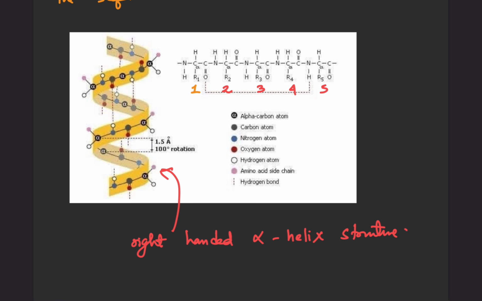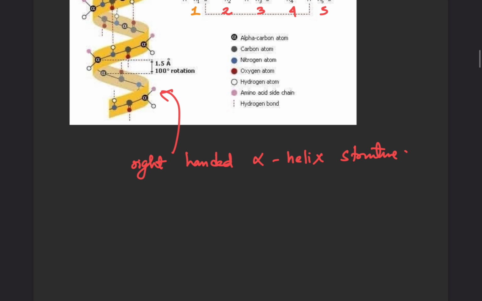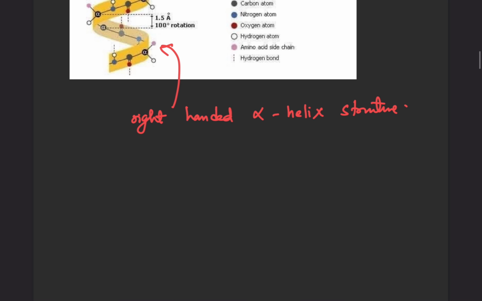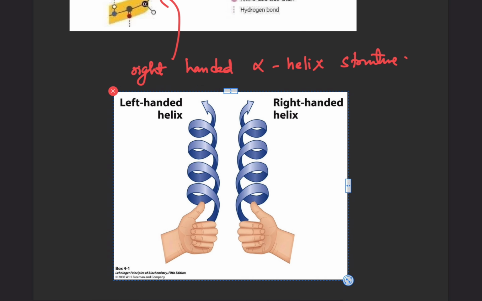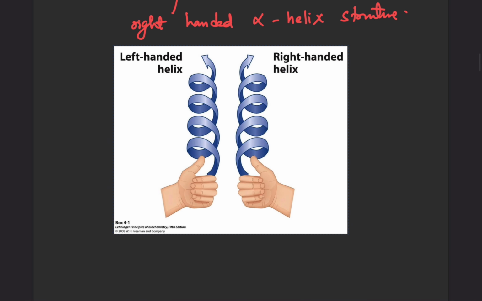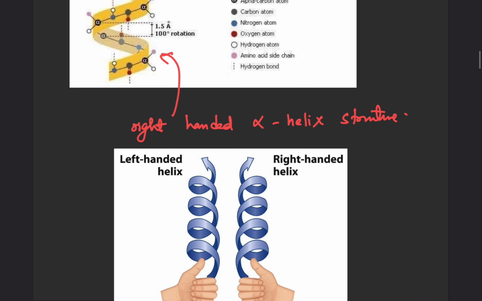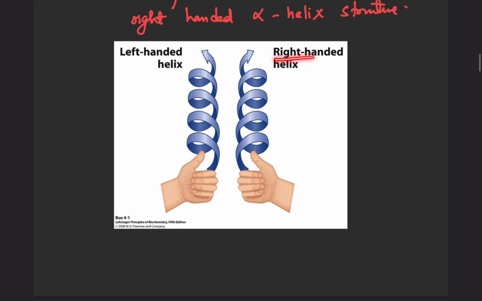Okay, so be careful that it is the right-handed alpha helix structure. Okay, to understand this, I have one more diagram. It is this one. Okay, so this is the difference between a right-handed helix and a left-handed helix. Okay, so our alpha helix in proteins is right-handed helix.